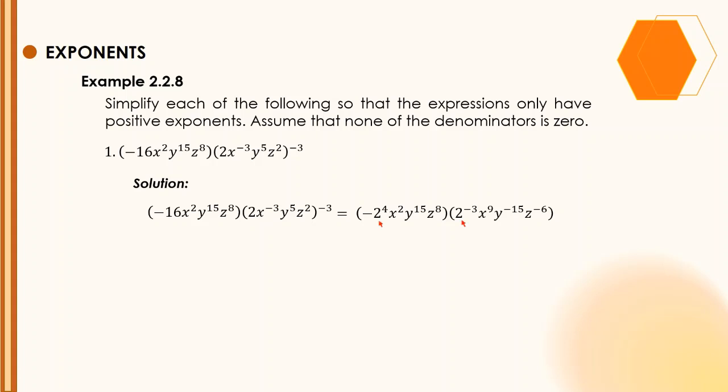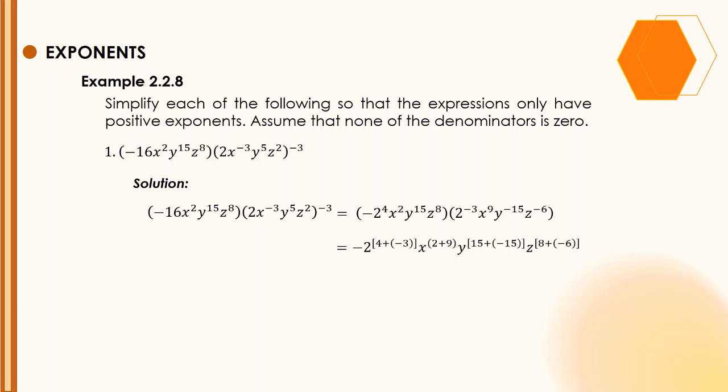Now, yung magkakapareho ng base, i-add lang natin yung exponent niya. So, gagamitan natin ng product rule. At makikita natin na may 2 sa first bracket at sa second bracket, ganon din sa x, y, and z. So, this will be equal to this one.